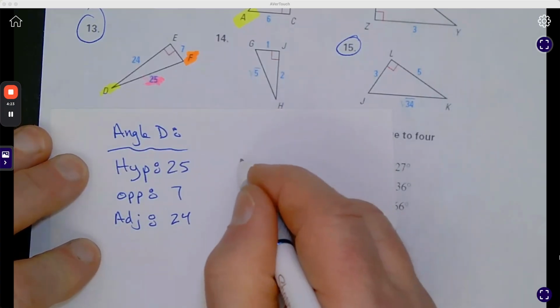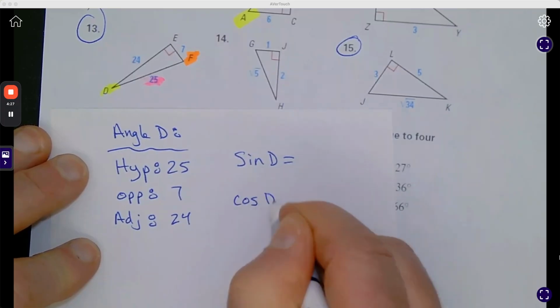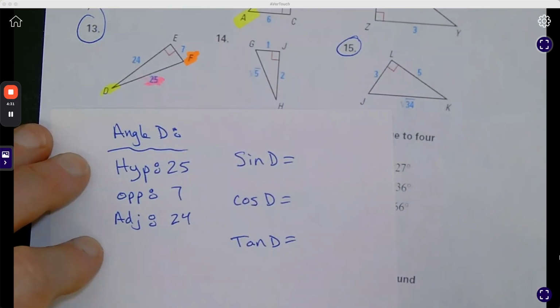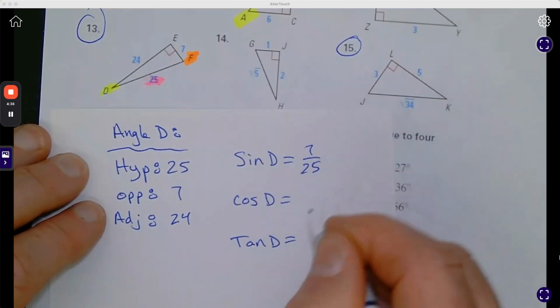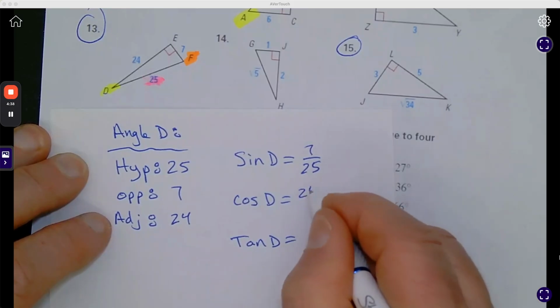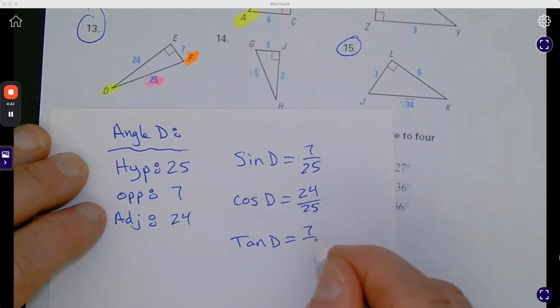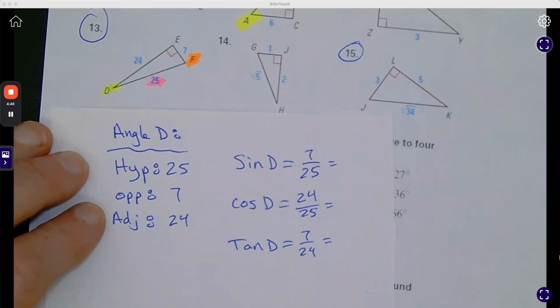Now we're going to do sine of D, cosine of D, and the tangent of D. Sine of D is opposite over hypotenuse. Cosine of D is adjacent over hypotenuse. And tangent is opposite over adjacent. Now we've got to put these in our calculator and round to 4 decimal places.